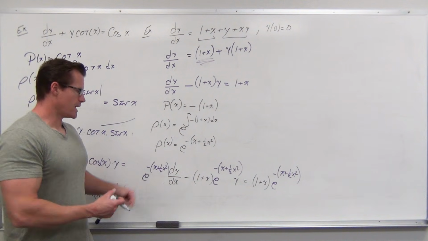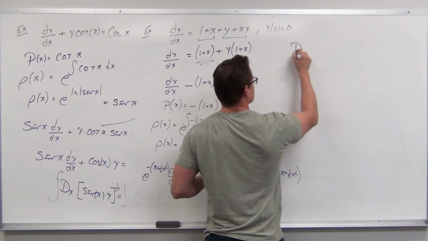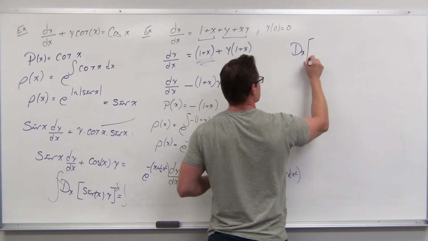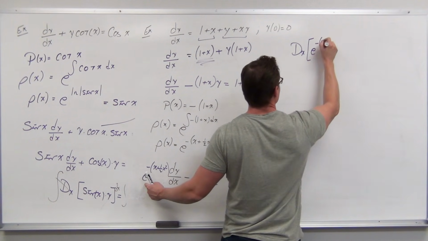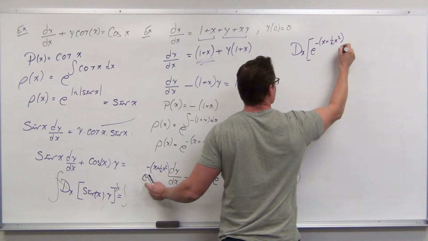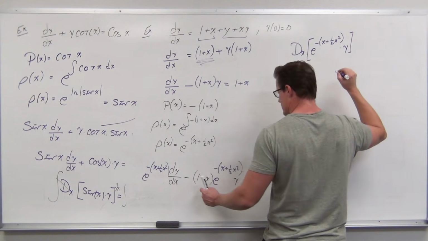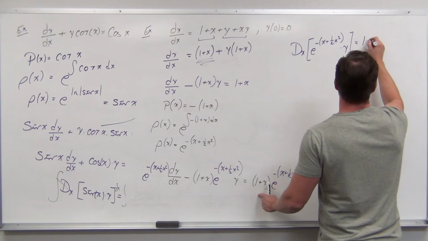So we can take all of that and say, hey, that's the result of some product rule, where I had this piece times this piece, and we know it's got to equal this piece.